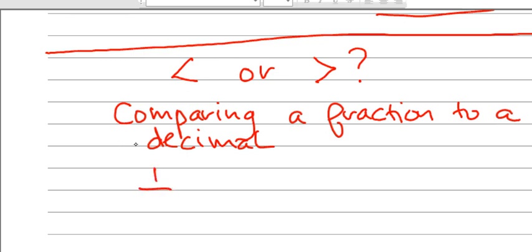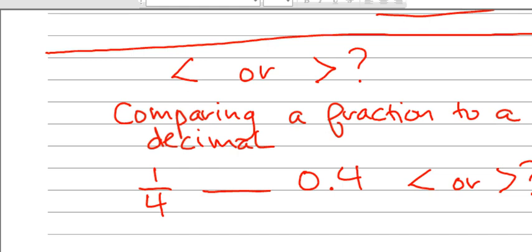And let's look at 1/4. And you might already know this. Is a quarter less than or greater than 0.4?